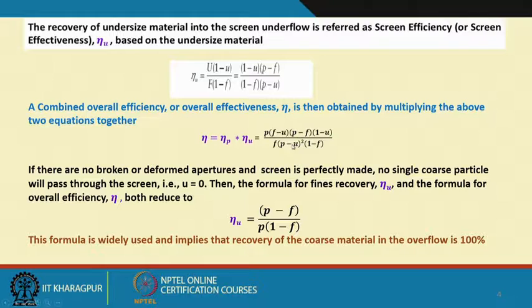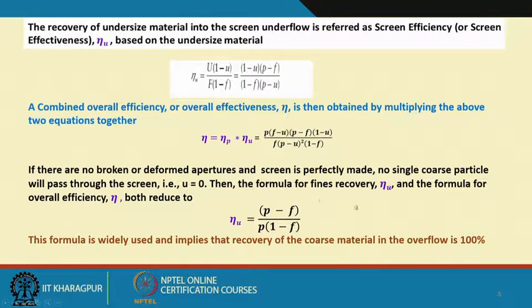So, then what will happen? If I put u equal to 0 in this equation, this becomes P f multiplied by P minus f and divided by f into P square into 1 minus f. So, I can write P minus f, these are all in small, divided by small p into 1 minus f.